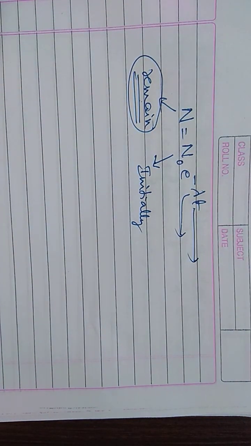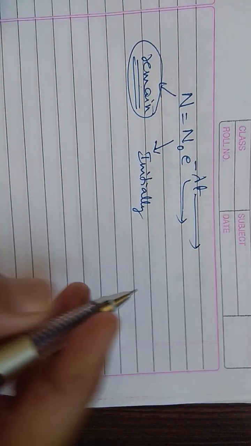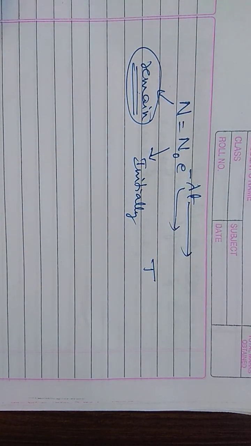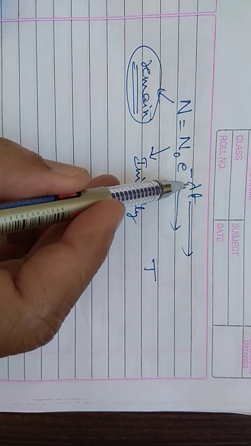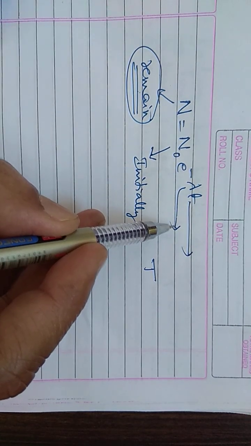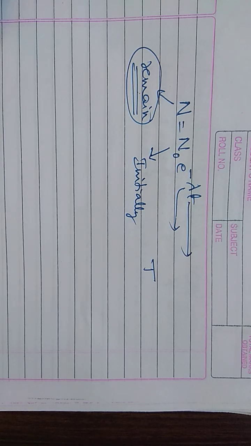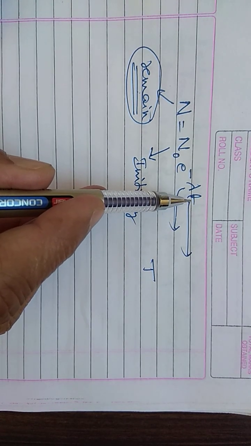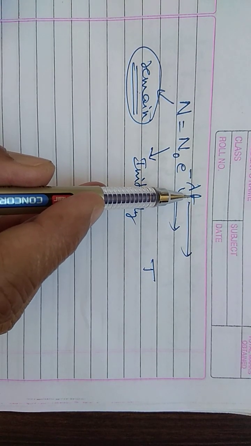Small t is the time interval. And we have the half-life period that is equal to capital T. Capital T represents the half-life of a radioactive substance. Lambda represents the decay constant, also written as disintegration constant. Small t is the total lifetime, the total time taken by the specimen.